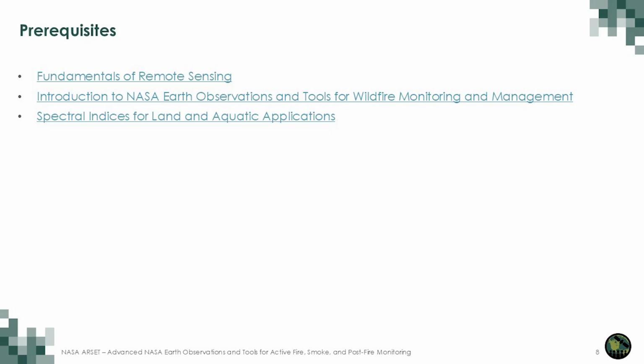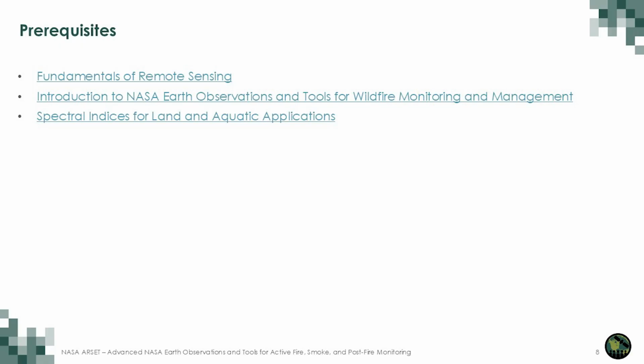As a prerequisite for this course, we recommend that you take our Fundamentals of Remote Sensing to familiarize yourself with the terminology and concepts you might hear in today's training, or have equal knowledge coming in. This training also builds on a previous ARSET training, Introduction to NASA Earth Observations and Tools for Wildfire Monitoring and Management. This training gave an overview of the NASA Fire Information and Resource Management System, or FIRMS, and the modules available in FIRMS.